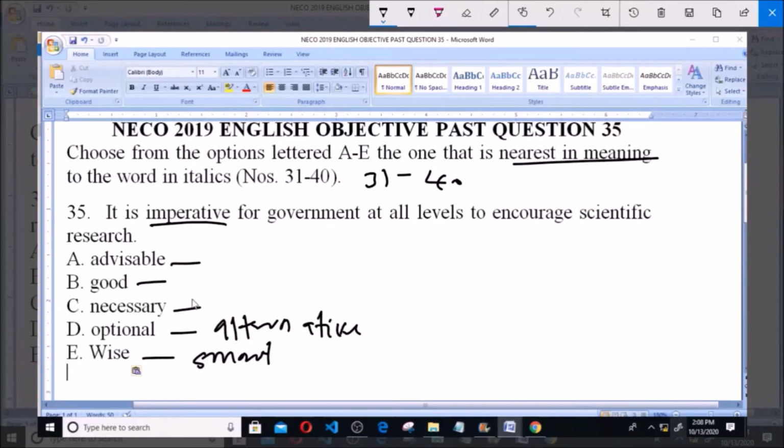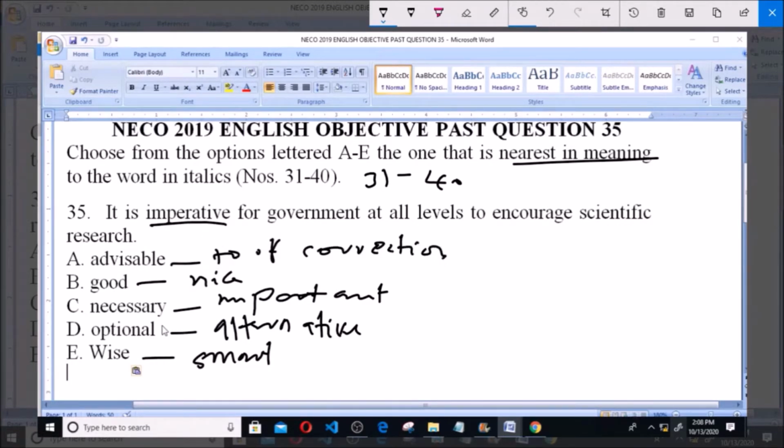Then necessary means important. Good means nice. Then advisable means, point of correction, it's a point of correction.